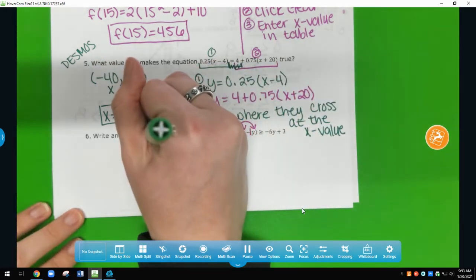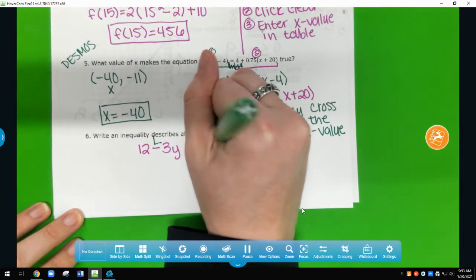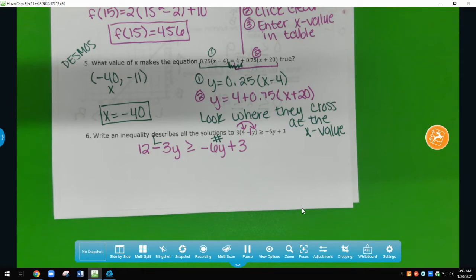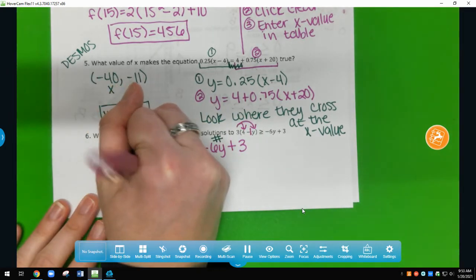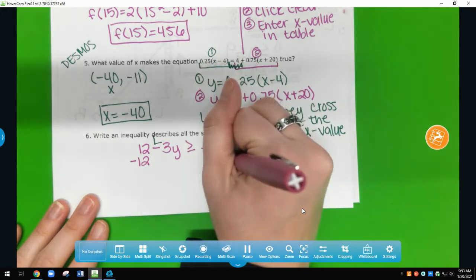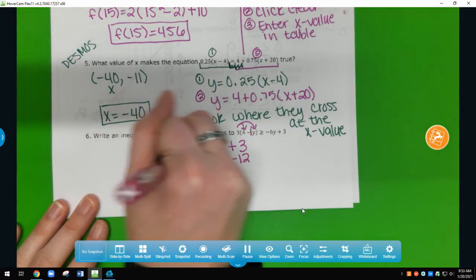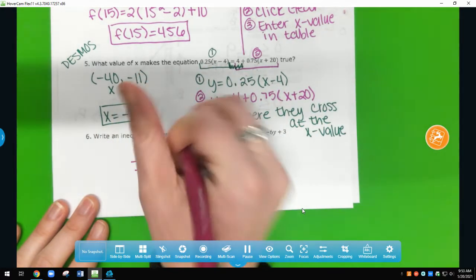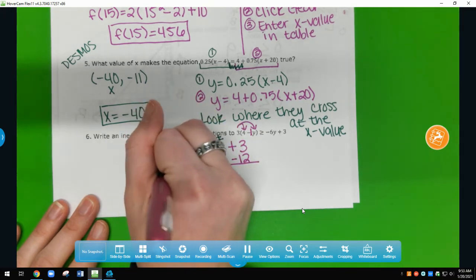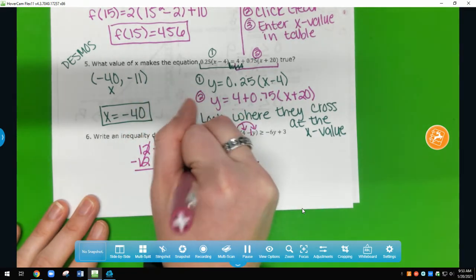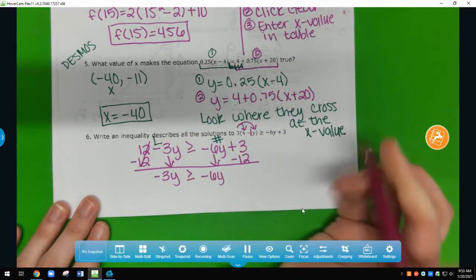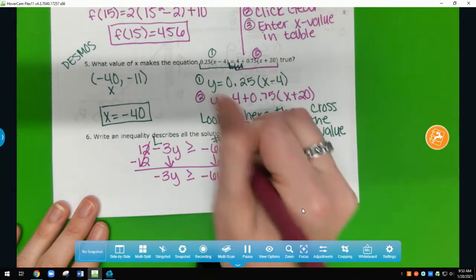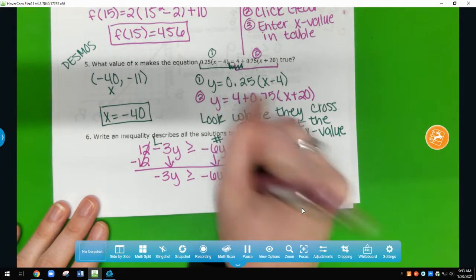Okay, remember we want our letters on the left, numbers on the right. So I'm going to go ahead and move my number over. So minus 12, because you do the opposite. Bring down that whole thing, so negative 3y is greater than or equal to negative 6y. 3 minus 12 is a negative 9.